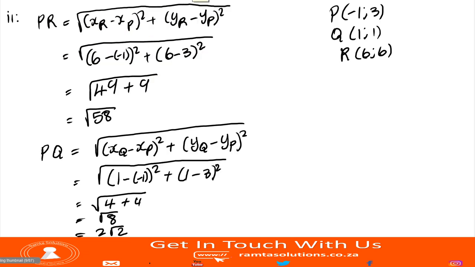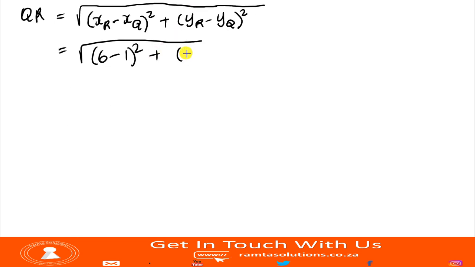And then y of R is 6, y of Q is 1. So what is this? This is 5 squared, which is 25. Again, this is 5 squared, which is 25, isn't it?